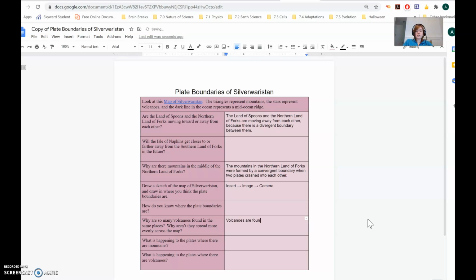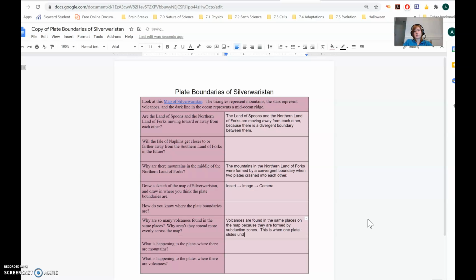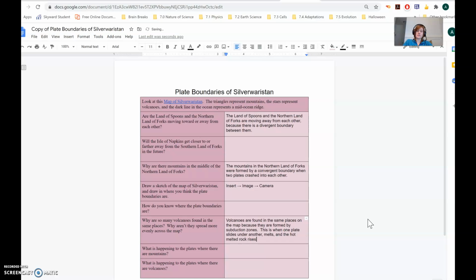Volcanoes are found in the same places on the map because they are formed by subduction zones. This is when one plate slides under another, melts, and the hot melted rock rises and forms a volcano.